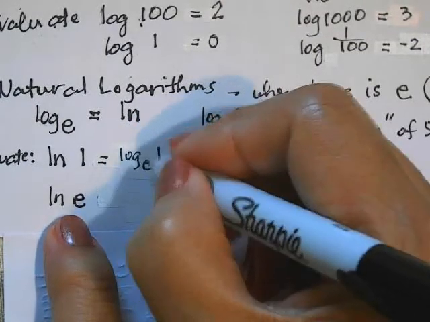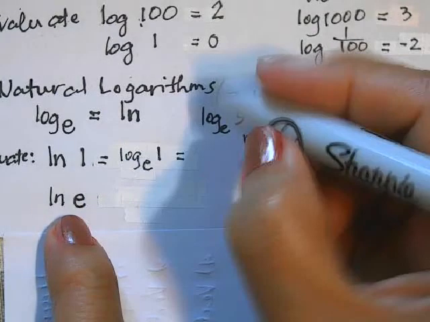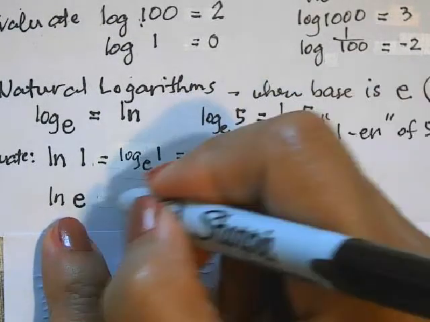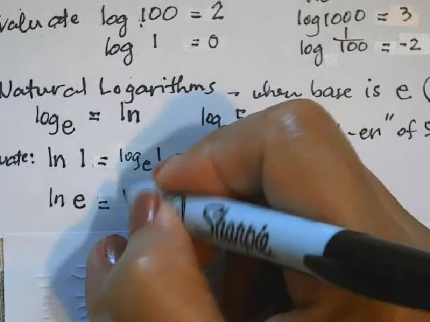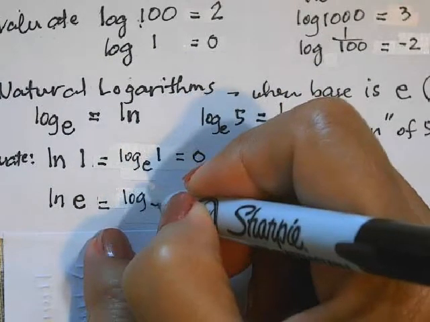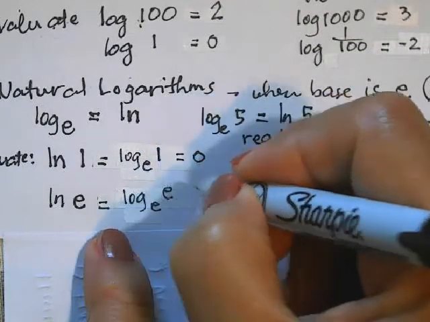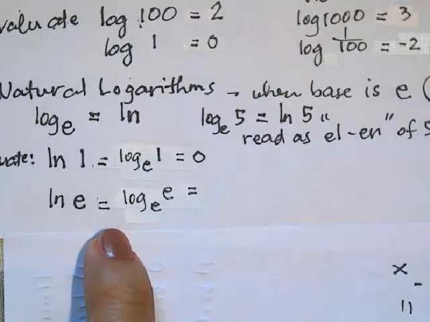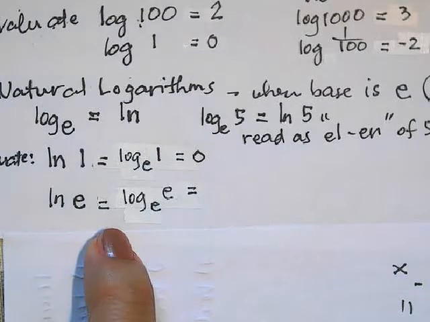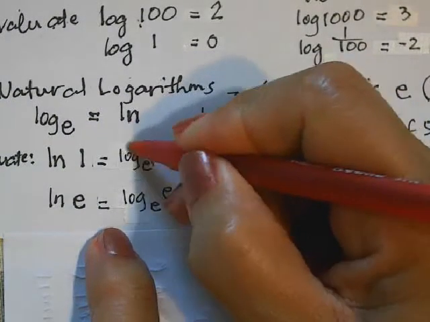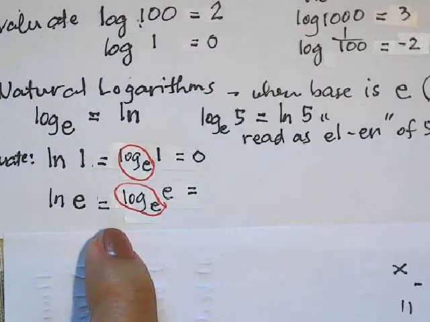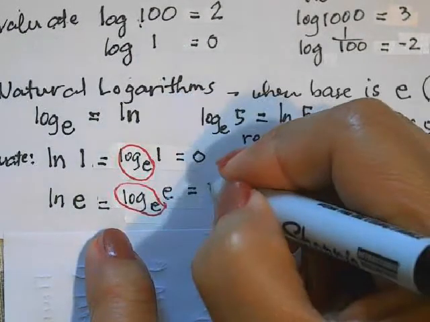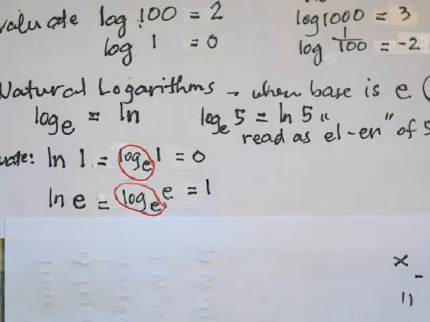What exponent of e will give you 1? 0. Here, what's ln of e? What exponent of e will give you e? This one is written as ln. So the answer here is 1. I'll see you on the next video.